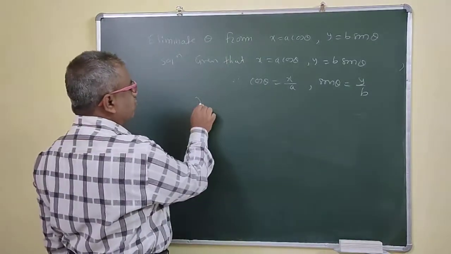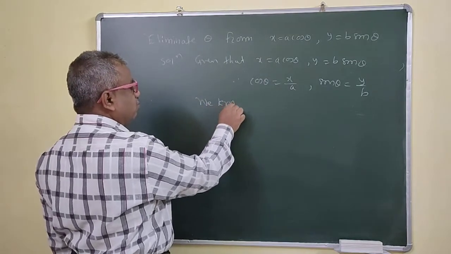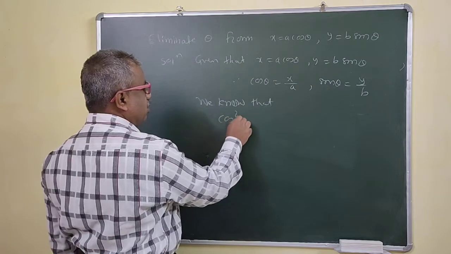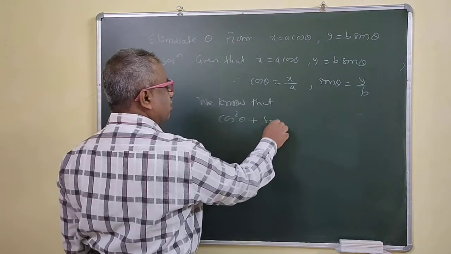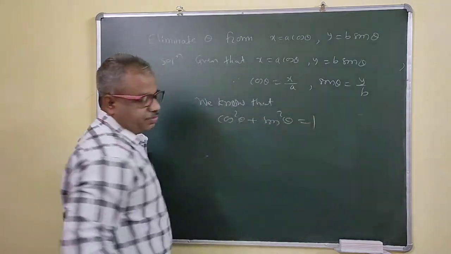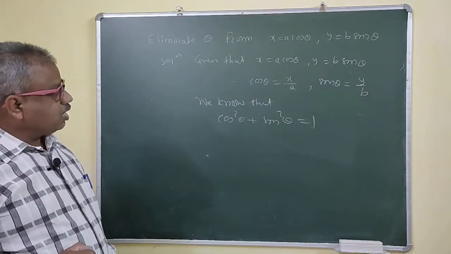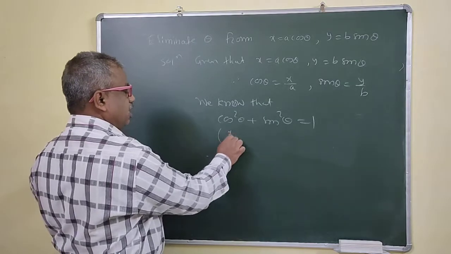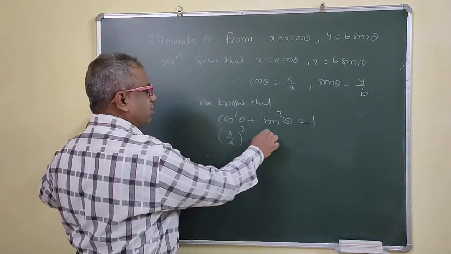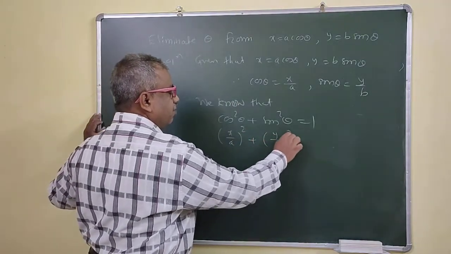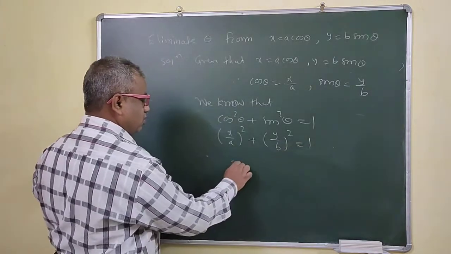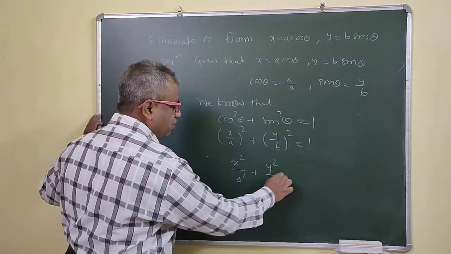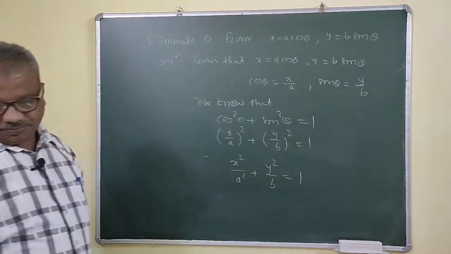So we know that cos square theta plus sin square theta is equal to 1. Now put the value of cos theta and put the value of sin theta. So this is what? (x upon a) whole square plus (y upon b) whole square is equal to 1. So this is what? x square upon a square plus y square upon b square is equal to 1.